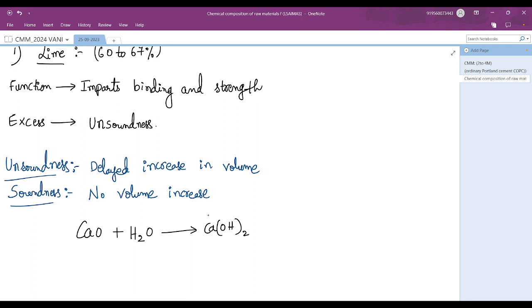Both are called lime, but this is called slaked lime and this is called quicklime chemically. In chemistry, we study about it. So the volume of the Ca(OH)2 is more than the volume of original lime.